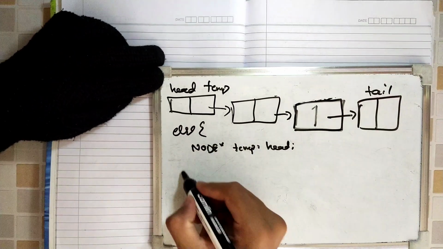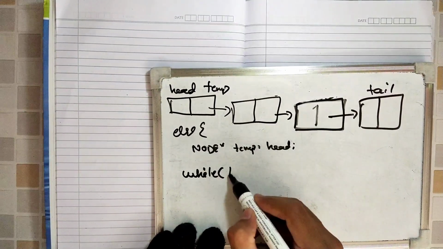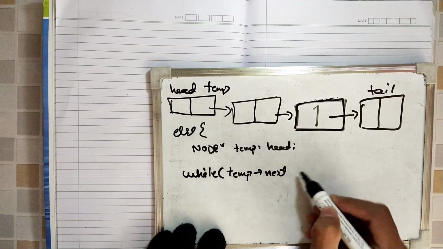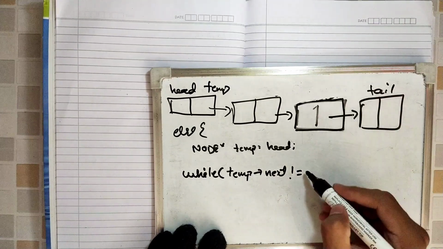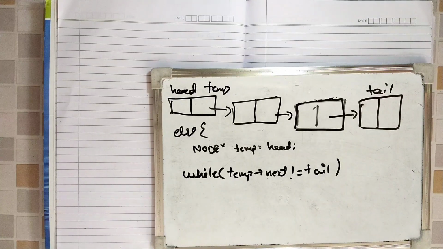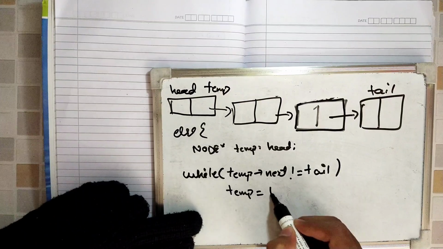Now what I have to do, I will write while loop, while temp of next is not equals to tail. While my temp of next is not equals to tail, what I will do, temp equals to temp of next.